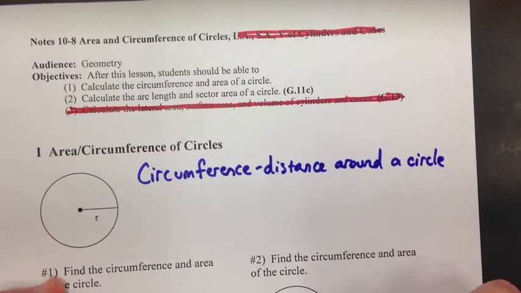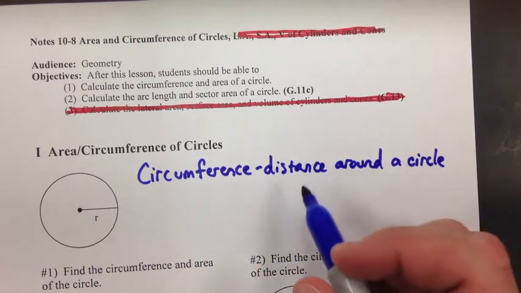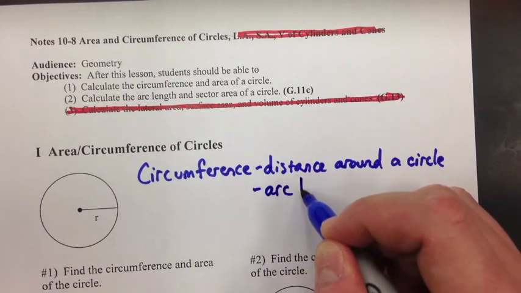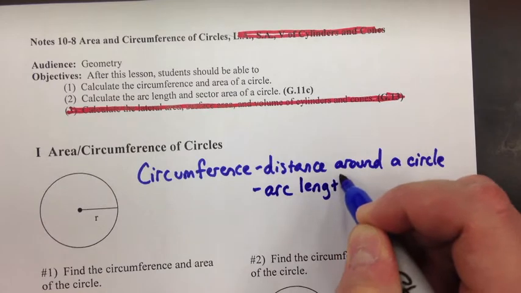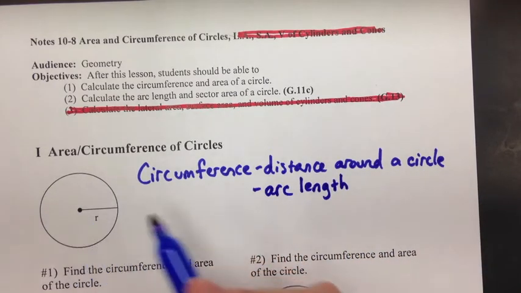You might say perimeter, except with perimeters you add up the sides, and a circle doesn't have sides. So circumference is the distance around a circle. The other way we talk about it is arc length, the length of the arc as you go around.